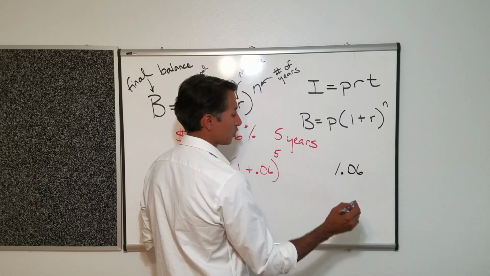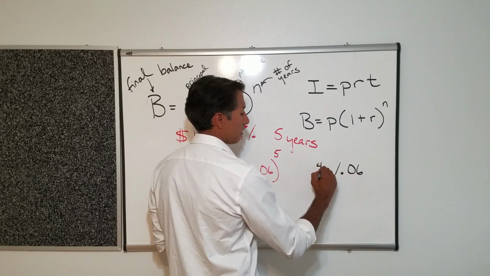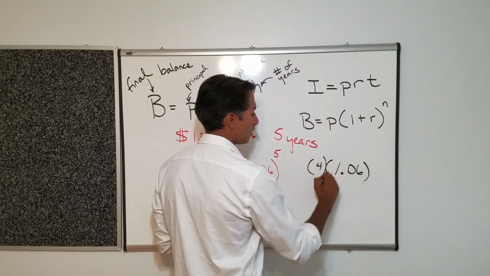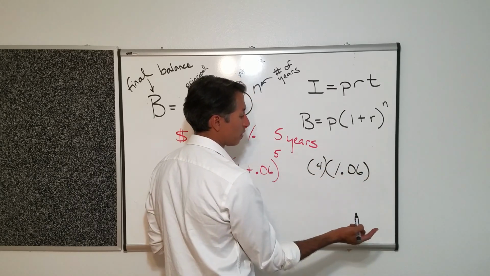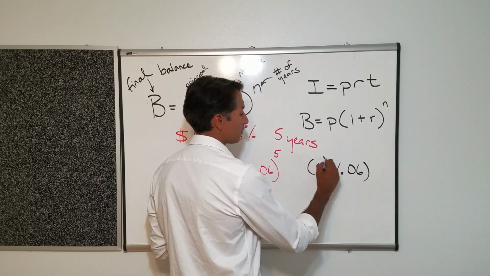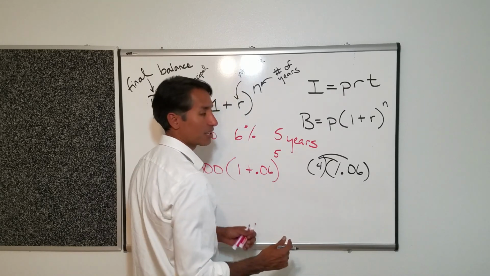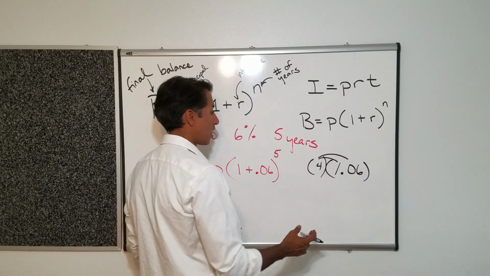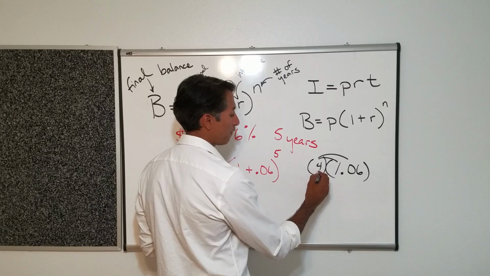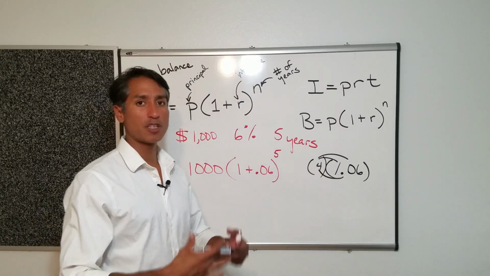So if I multiply this times, let's say, 4, if I were to do 4 times 1.06, I'm going to multiply 4 times 1 and 4 times 0.06, which is going to give me a bigger number. Or you could just put it in your calculator. 4 times 1.06 is going to give you a much bigger number.